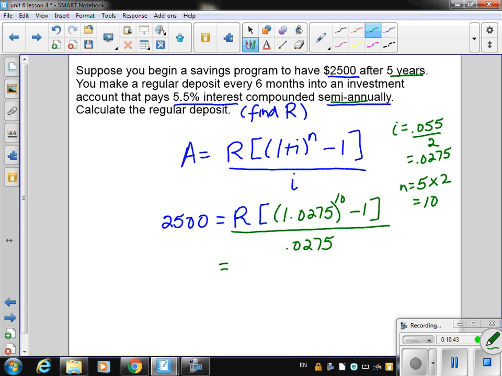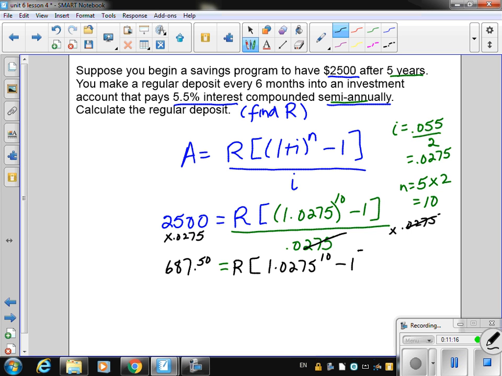Okay, I need to solve for R. What do we do first to get R by itself? My first strategy would be to multiply both sides by 0.0275. If I do that to both sides, I get rid of that denominator. So I would have 687.50 equals R times 1.0275 to the 10 subtract 1.